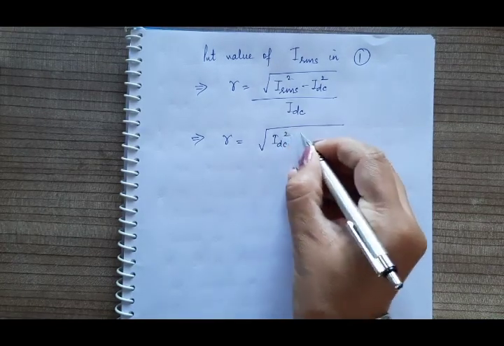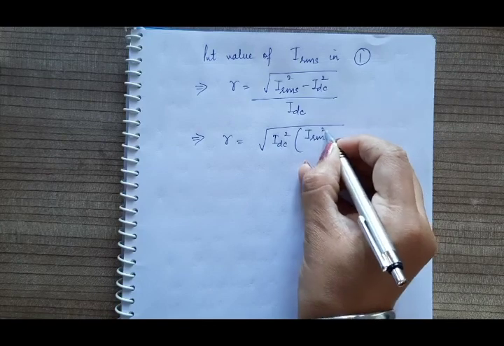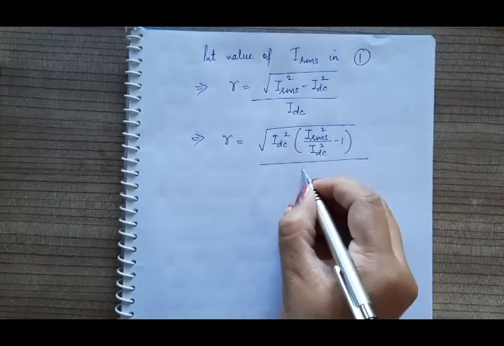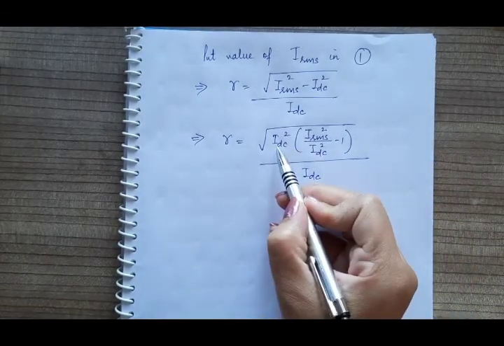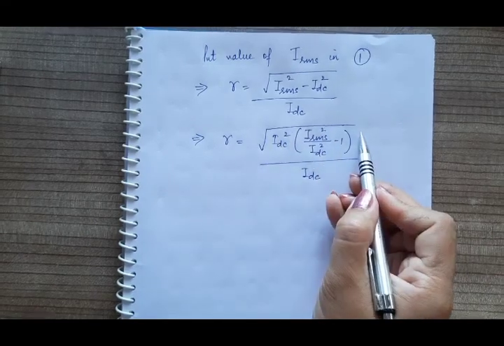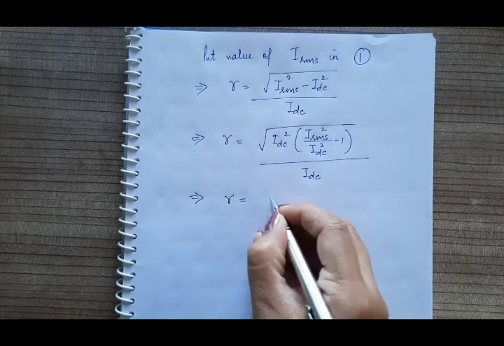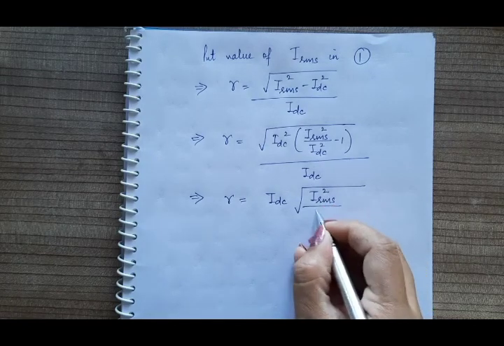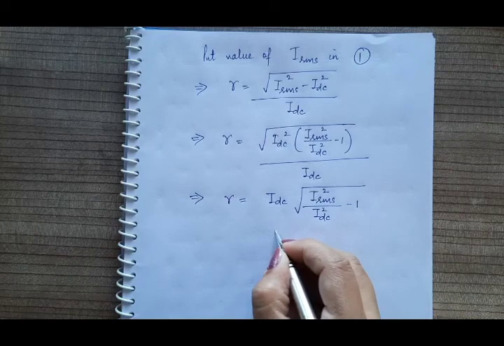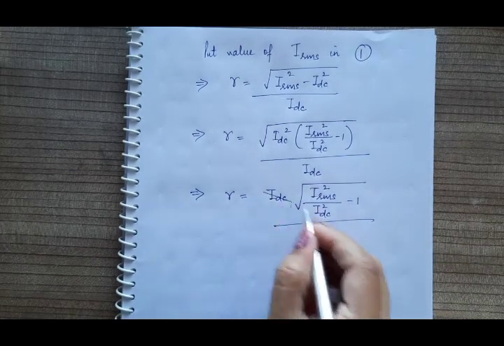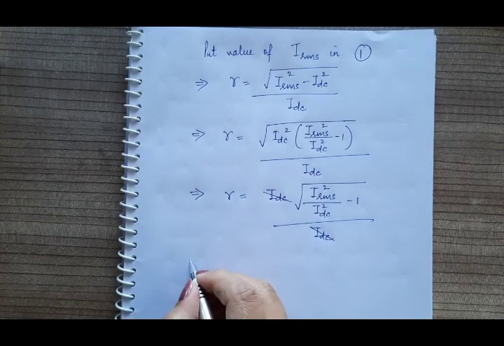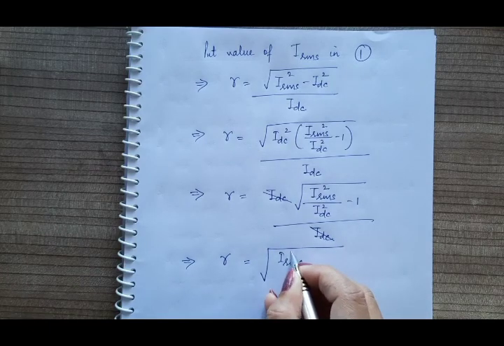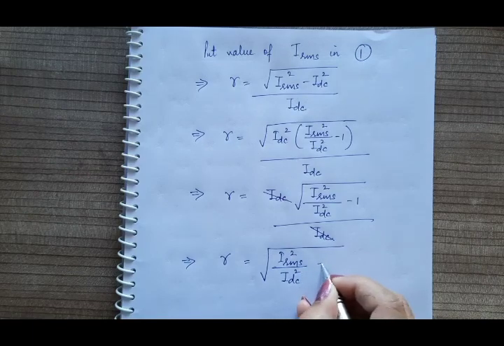Take IDC square common, and we will have IDC square root of IRMS square upon IDC square minus 1, divided by IDC. The square root and the square cancel out with each other, and IDC and IDC cancel out. So we will have the ripple factor gamma equal to the square root of IRMS square upon IDC square minus 1.